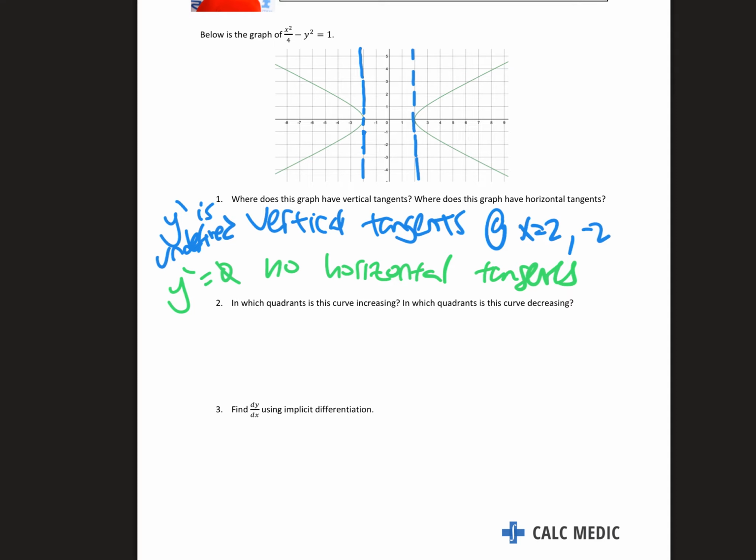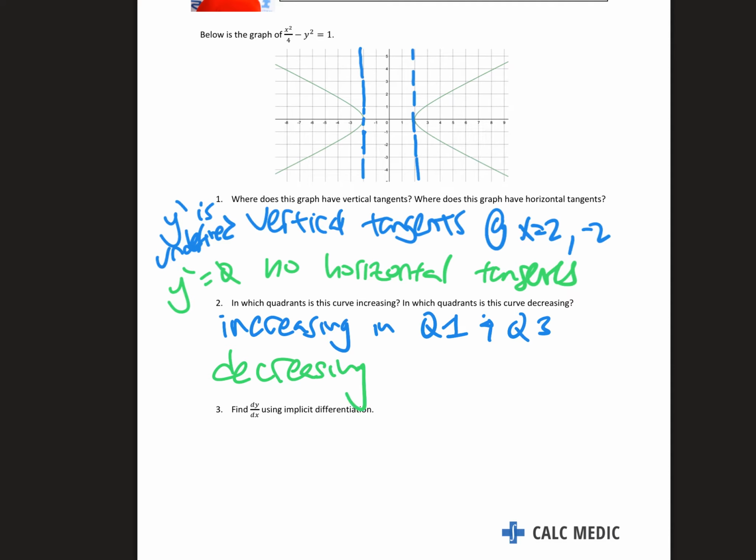So you should say something about increasing in Q1 and Q3. And the other one, we can see that quadrant 2 is decreasing from left to right, and quadrant 4 is decreasing from left to right. So we can say decreasing in quadrant 2 and quadrant 4.